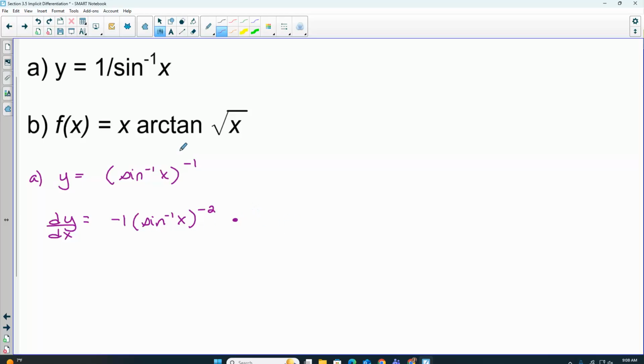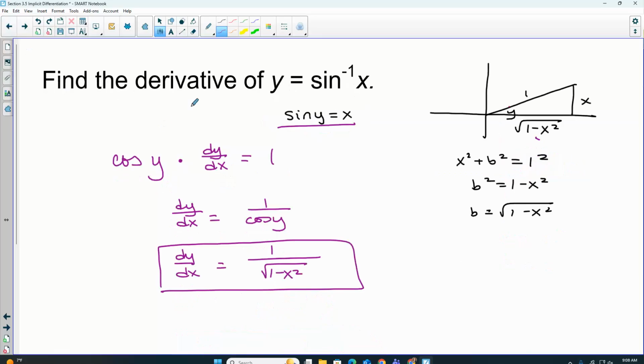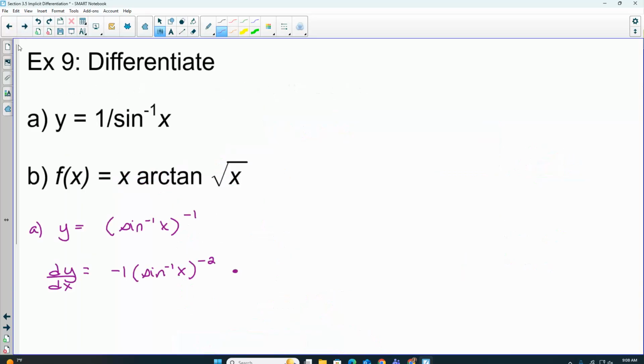That's what we proved right here. The derivative of sine inverse is 1 over the square root of 1 minus x squared. On your homework, you're welcome to just look at that table and pull those definitions. You do not have to memorize them. So that is 1 over square root of 1 minus x squared. So now if we just clean this up, we have a negative 1, sine inverse of x to the negative 2, so that would be on the bottom.